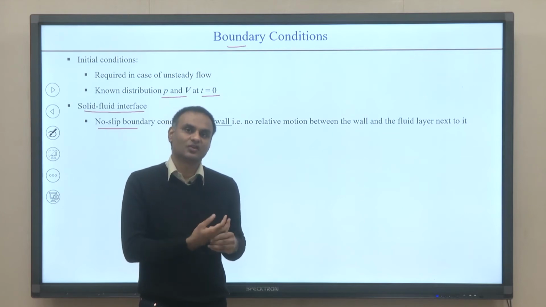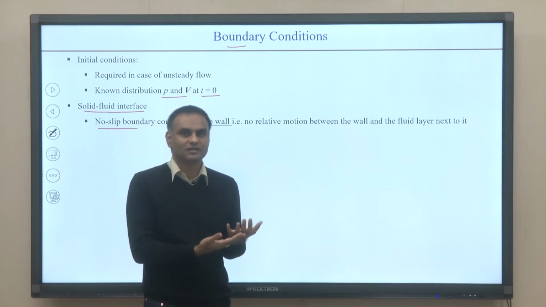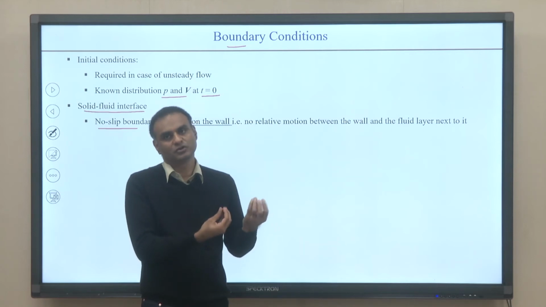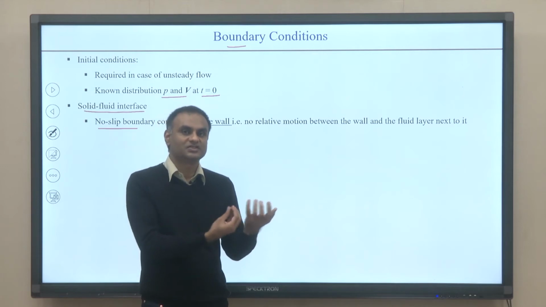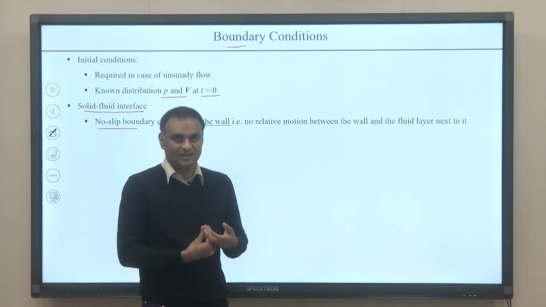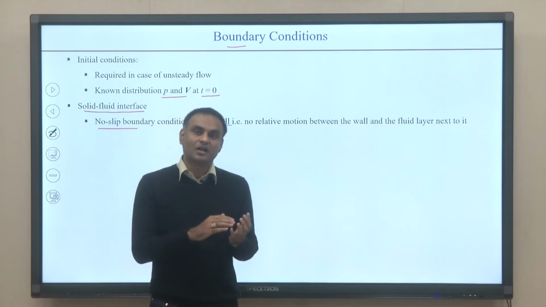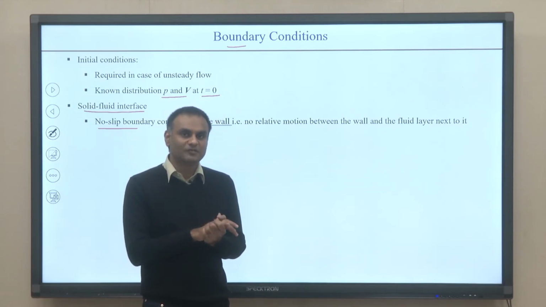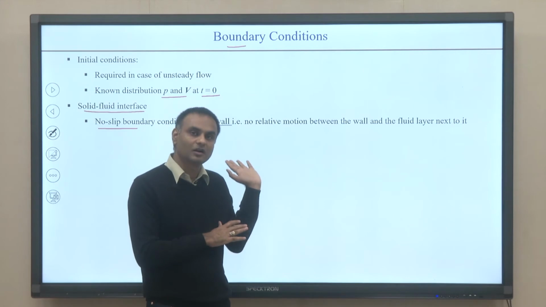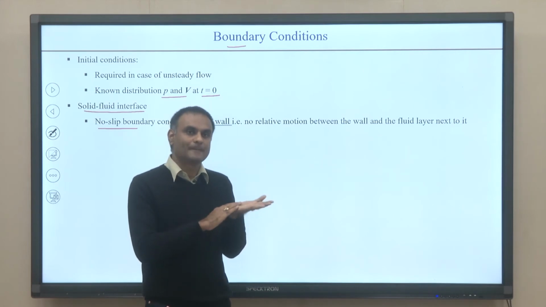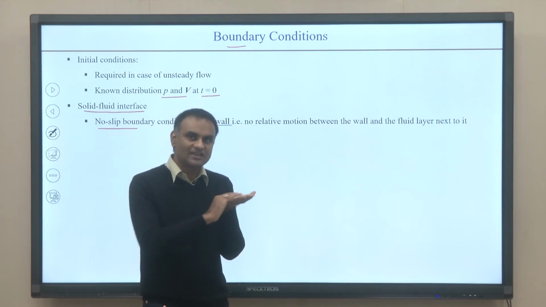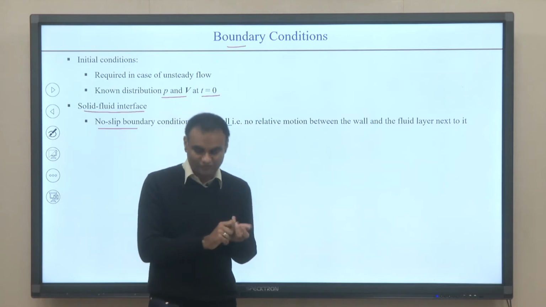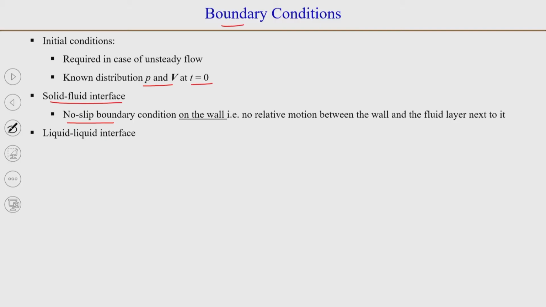In case it is a porous wall, then you will need to define some flow rate, or those pores will be treated as inlets or outlets as the case may be. Okay. So, for a solid impermeable wall, you will have the no-slip boundary condition, where the normal component of the velocity will be equal to 0, and the tangential fluid velocity will be equal to the wall velocity.